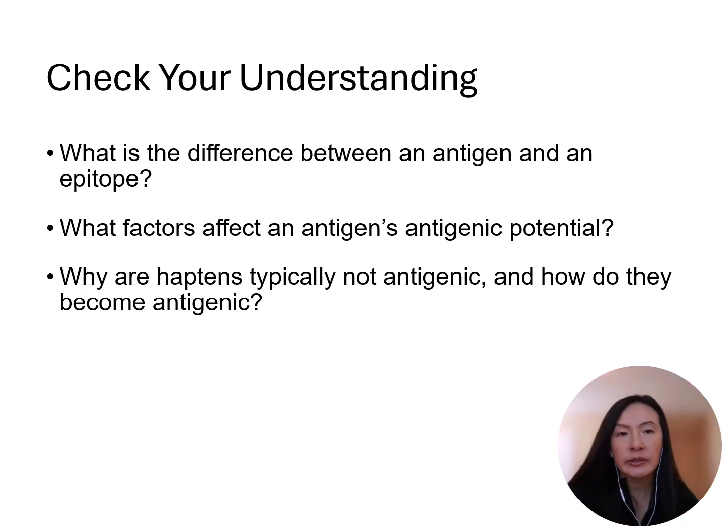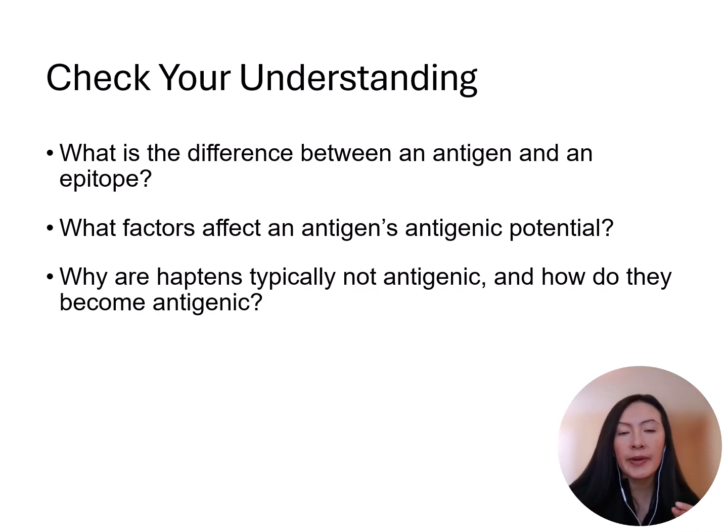The second question asks, what factors affect an antigen's antigenic potential? So one is molecular complexity. We said that proteins, which are pretty much the most highly complex of those antigens, are the strongest antigens. Carbohydrates are okay, they're moderate, and lipids and nucleic acids are pretty weak unless they're combined with proteins, because lipids and nucleic acids are very similar between us and the potential pathogens like bacteria and viruses.